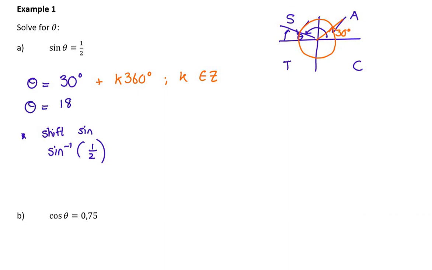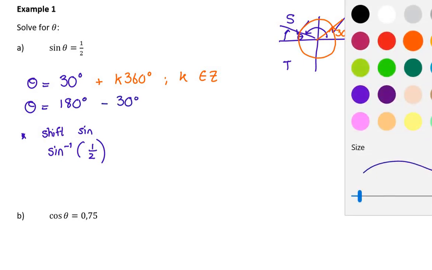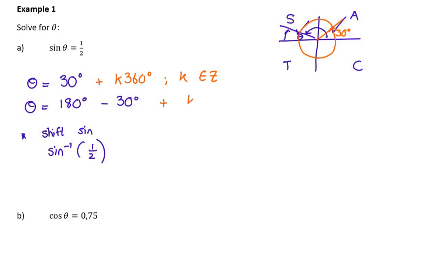So theta could be 180 degrees minus 30 plus k 360, because again, that position will occur 360 degrees later. Now 180 degrees minus 30 is just 150, so this simplifies to 150 degrees plus k 360.